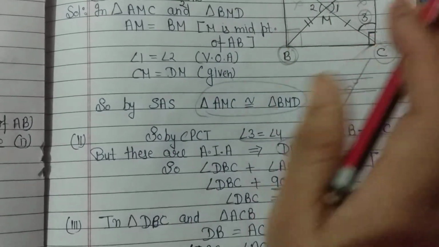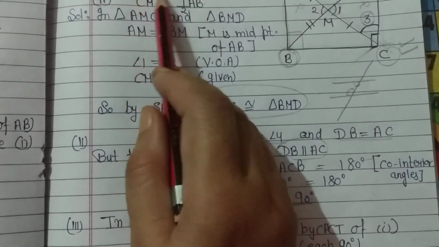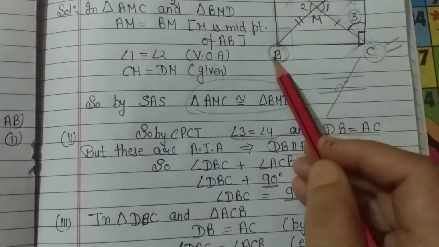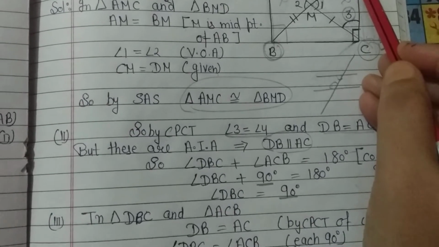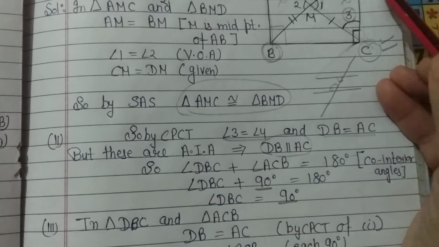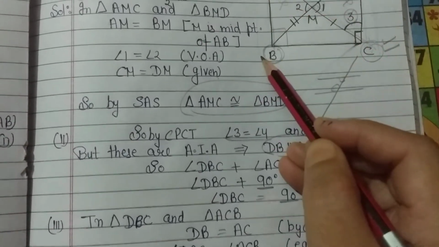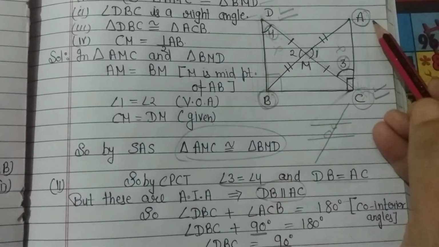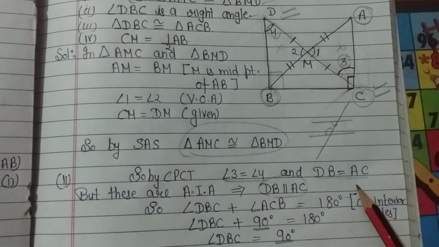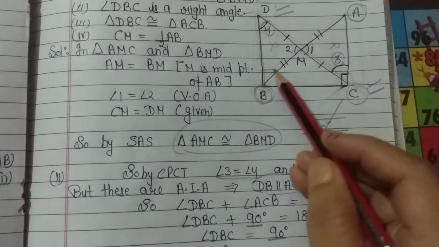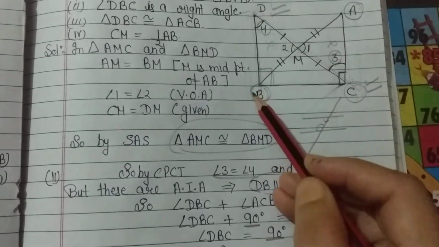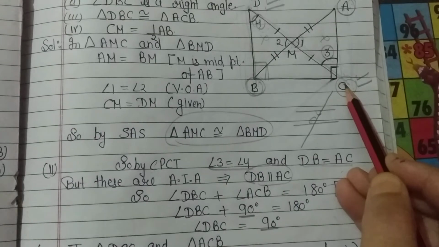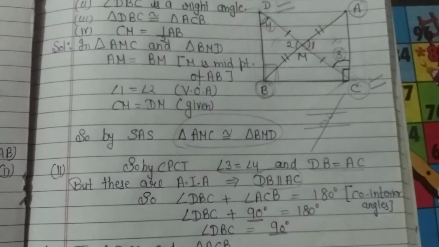Two parts we have proved. For the third part, triangle DBC and triangle ABC, we have to prove congruent. Now, from these two triangles, DB is equal to AC. Why? By the CPCT of the first part. And angle DBC and angle ACB, both are 90 degrees and BC is common.